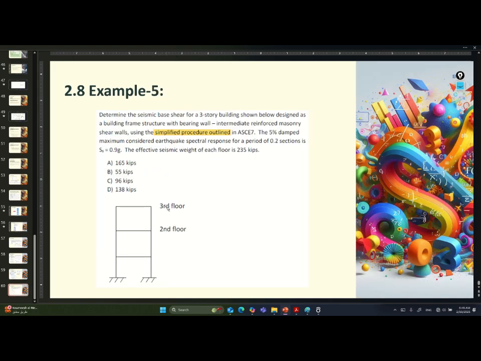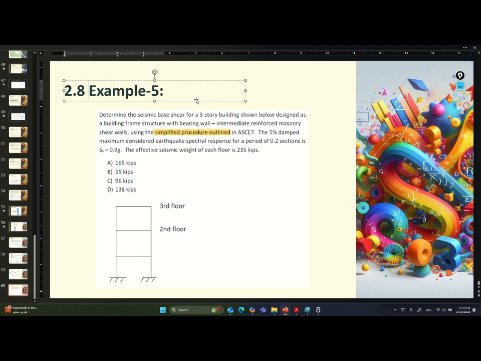He has given me the effective seismic weight of each floor, 235 kips. I have 3 floors, so I will multiply this weight by 3. It is a very straightforward question, but if you don't know where to look up the equations, it will take time from you. Also consider if this question was like number 80 in the exam, because the exam has 80 questions.